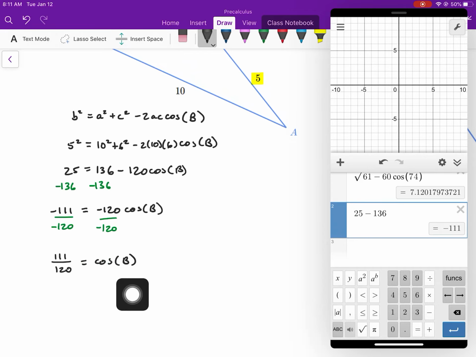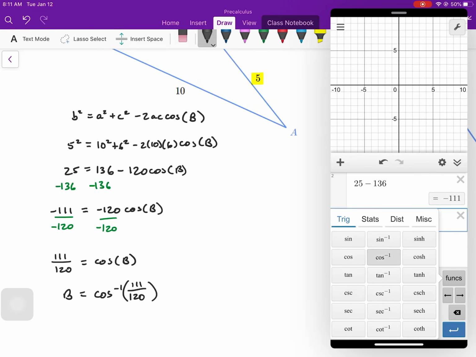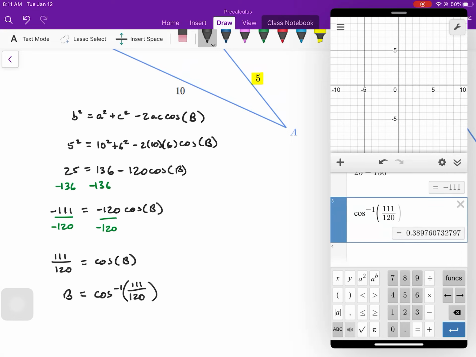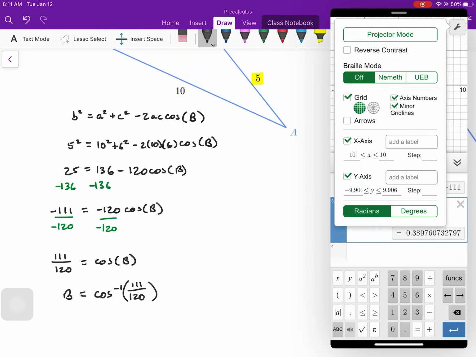And what do you do in this situation? In order to get B by itself, we do the inverse of cosine. Notice how I've always said when it's a missing angle is the only time we're going to use the inverse function. Here we see that it's the missing angle we're looking for. That's why we're using the inverse function. So arc cosine or cosine inverse of 111 divided by 120. And let me make sure I'm in degrees.